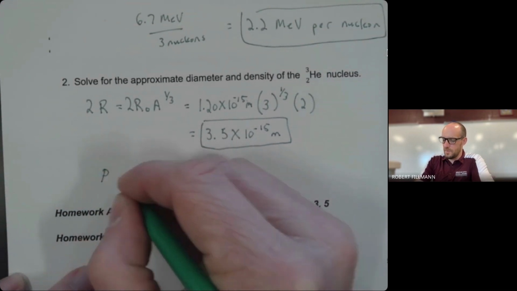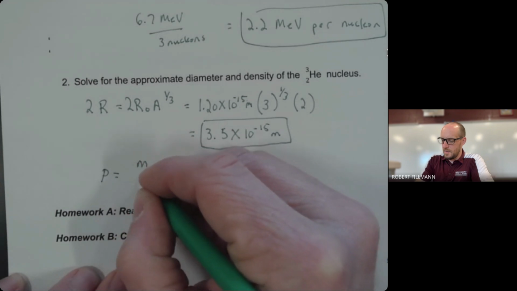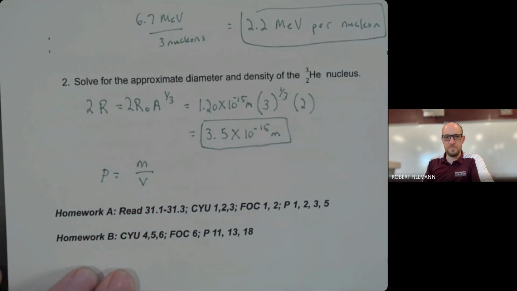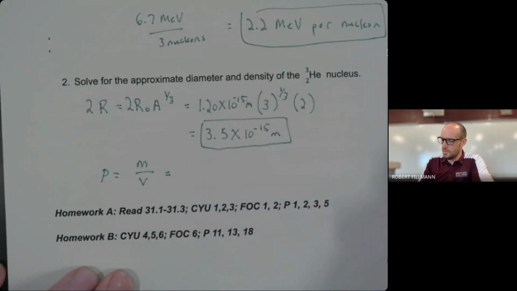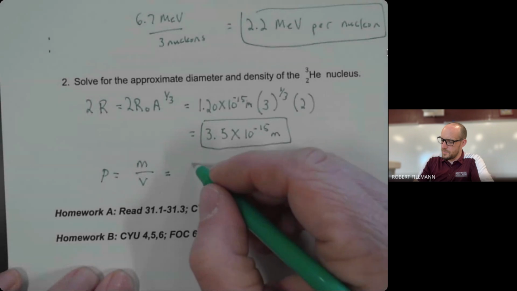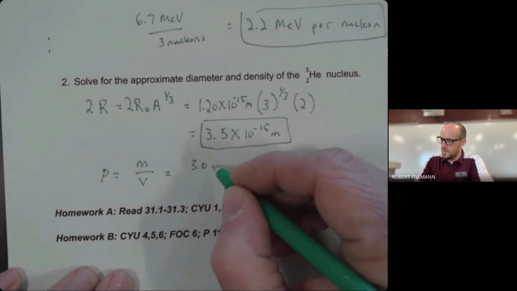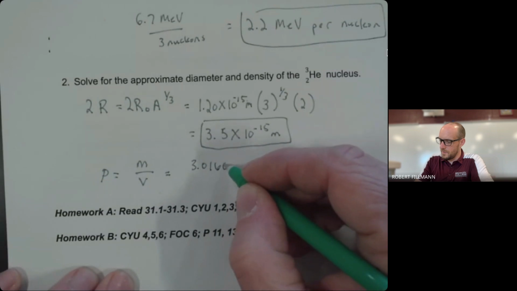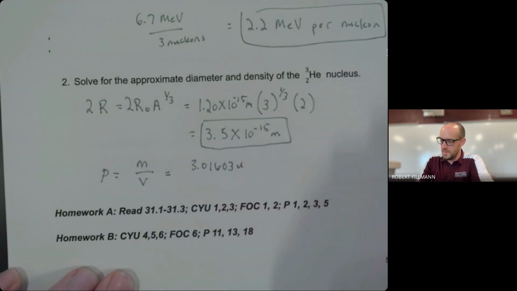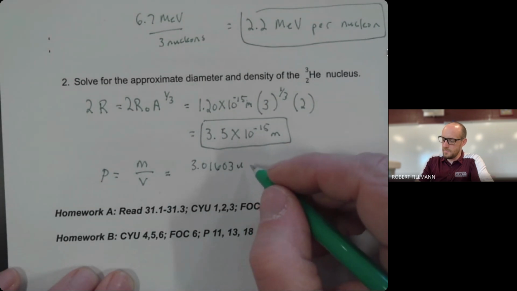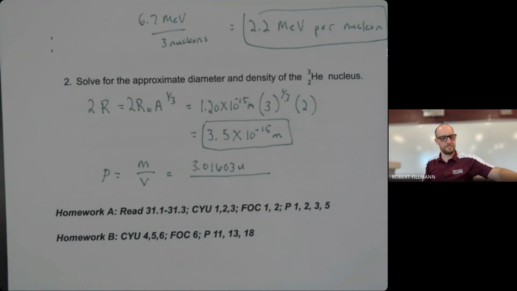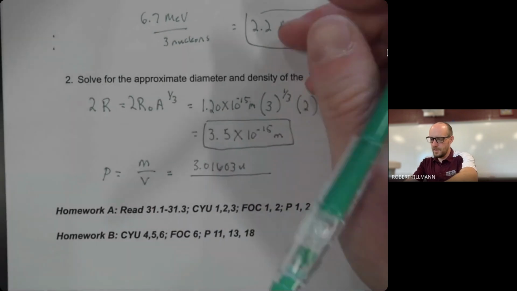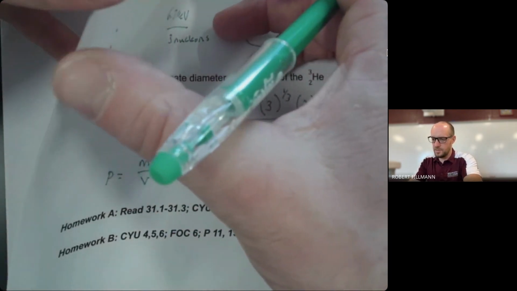And the last question is a question of density. Density is mass over volume. And I can take the total mass of this nucleus, which I was given, 3.016 atomic mass units, and convert this into kilograms using my unit conversion from the previous page.